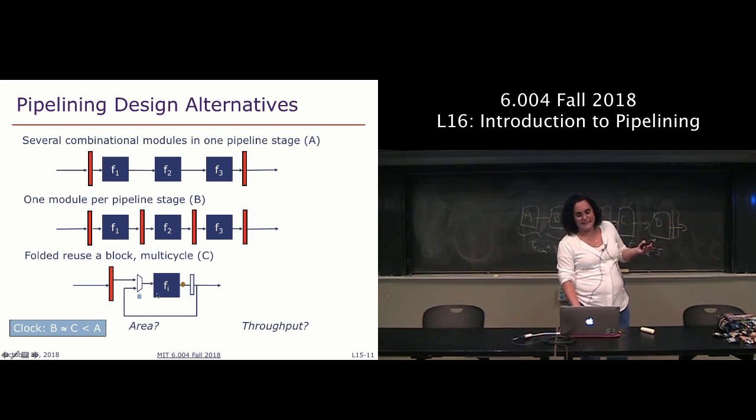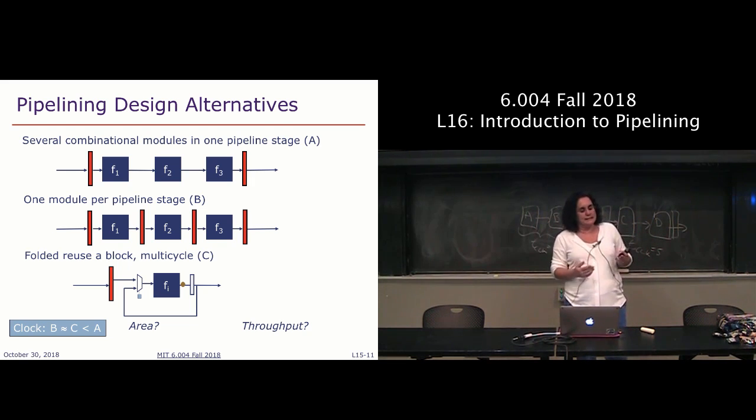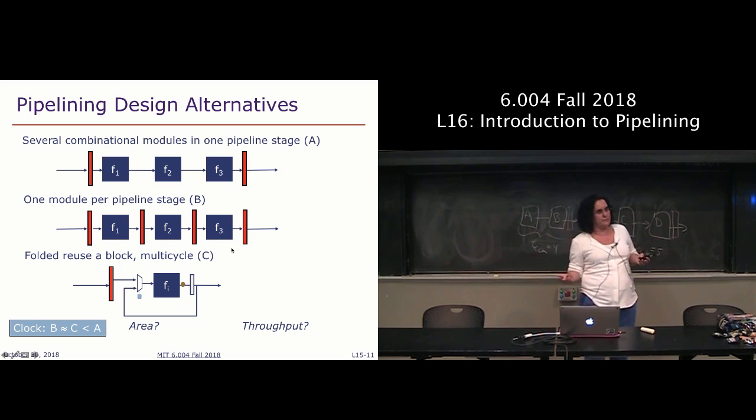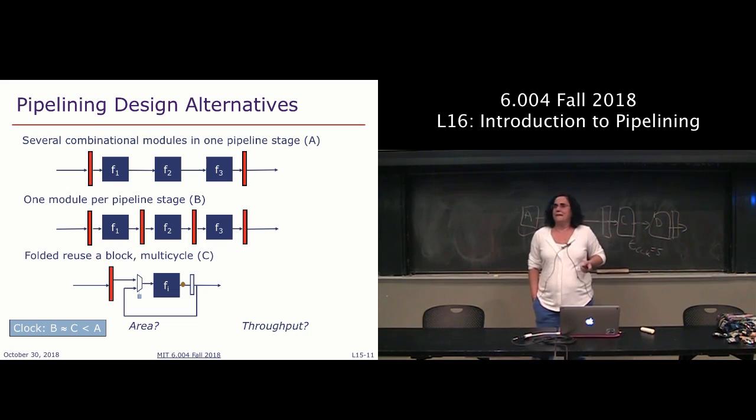And so the idea is that F of I would also be basically dominated by that slowest one. And so T clock for F of I would be equal to T clock of the maximum of F1, F2, or F3. Okay? And we're just assuming for now that amount of time is much larger than the delay of this multiplexer. Okay? All right, how about area?